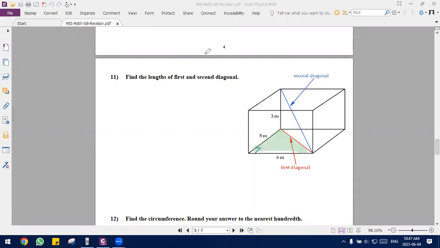Now we check, the first diagonal, is it C or not? This is the right angle here. Yes, the first diagonal is C. So to find it, we say that C square is equal to A square plus B square. So C square is equal to 5 square plus 6 square.